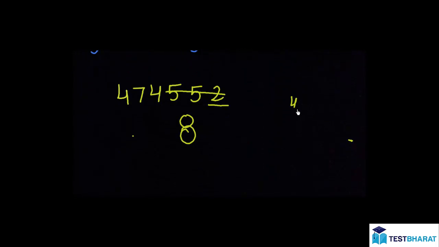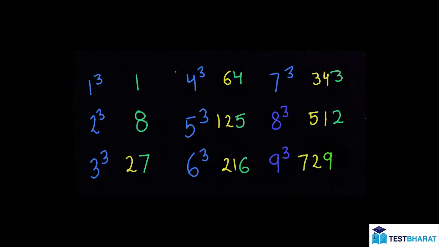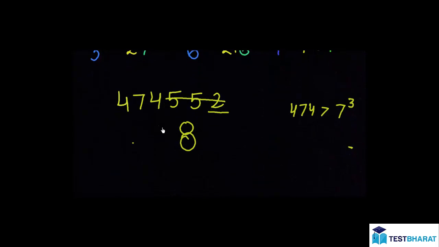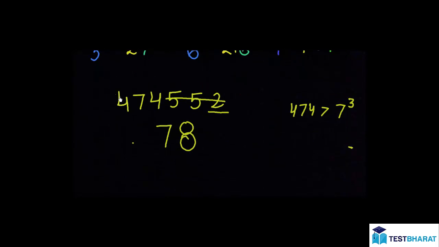So 474 is greater than 7 cube. So what we have to write is 7, because 7 is the immediate lesser cube than 474, because all of these are obviously lesser than 474, but we need a number which is immediately lesser than the first 3 digits, and the first 3 digits here are 474. So 78 is our cube root.